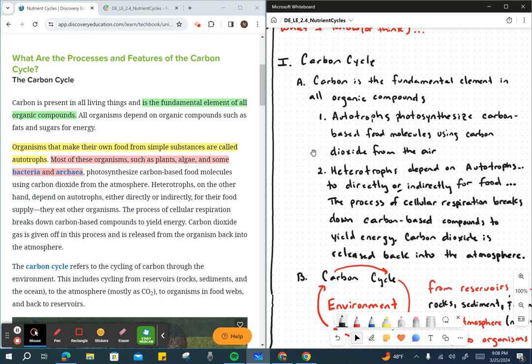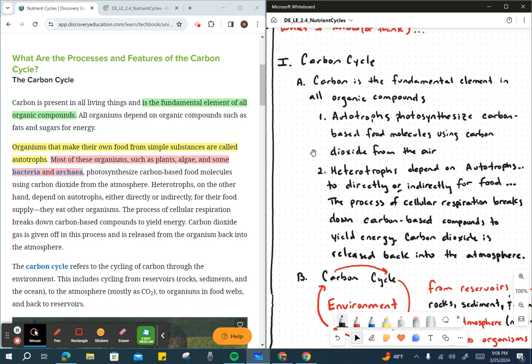We see it in the different spheres. Well, carbon's the same way. It can exist in the various spheres. It can be stored in some of these spheres for long periods of time. It can move in between the spheres on a cyclical basis. And that's what this is referring to.